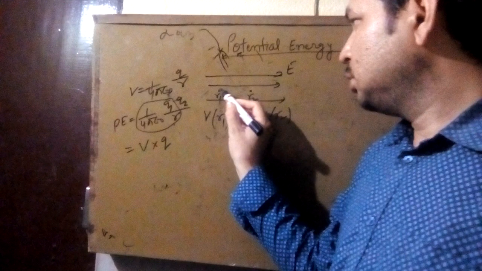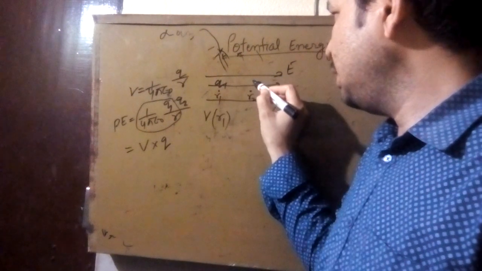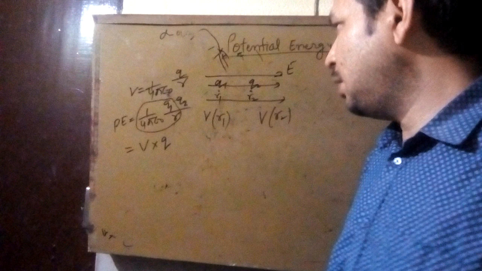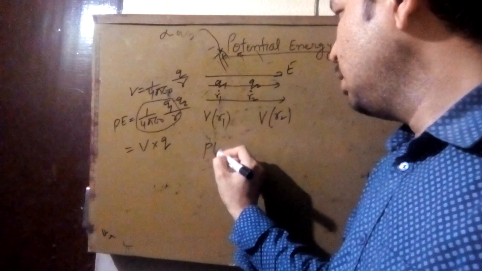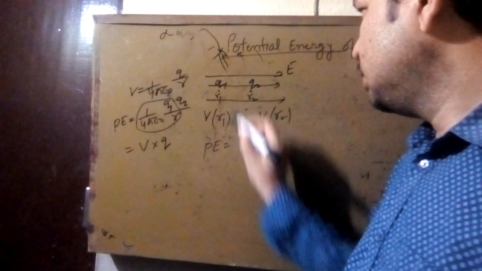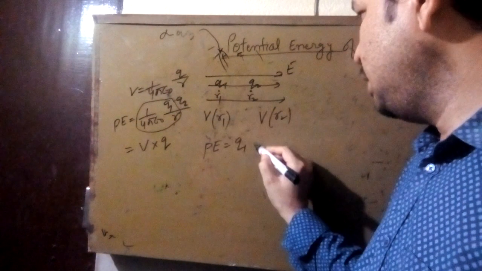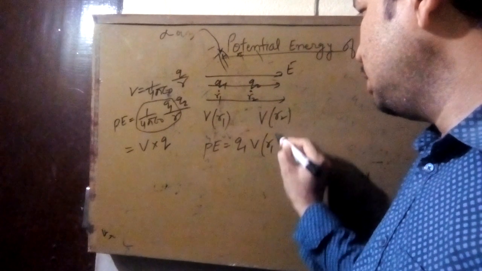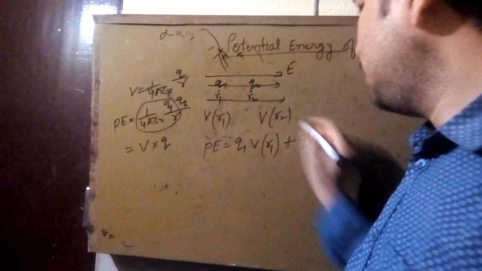So suppose here charge Q1 is at point R1 and here charge Q2 is at point R2. So what will be the potential energy in this electric field? Potential energy in this electric field is charge times potential. So charge times, what is the potential here? We have already considered V(R1). Second, what is the potential here?